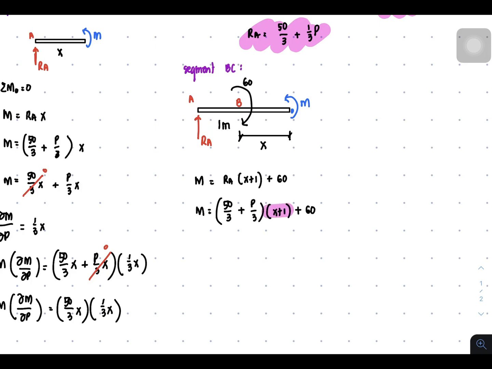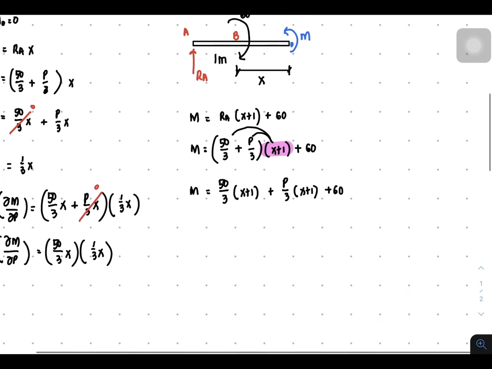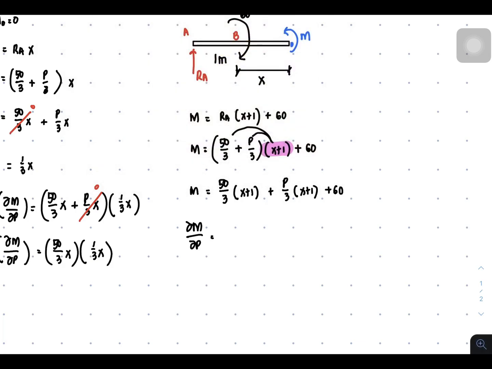Again, this term is to be distributed to the individual terms here. So we will distribute it there. So with that, it's going to be 50 over 3 times x plus 1 plus P over 3 times x plus 1 plus 60. And the partial derivative of M with respect to P, so temporarily set the terms without P, since they have no P, to 0.